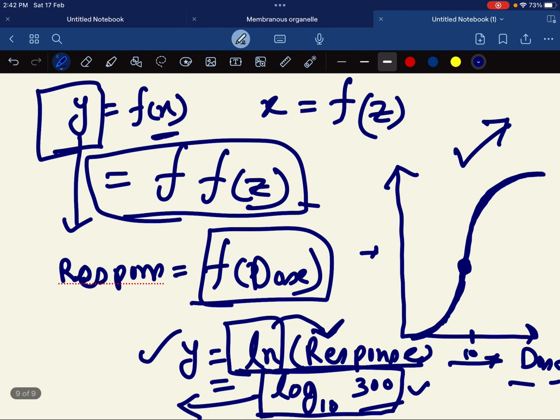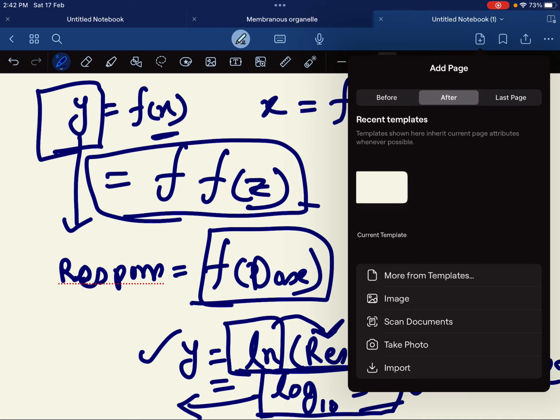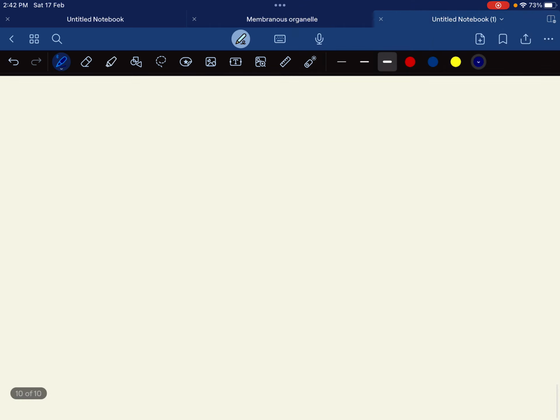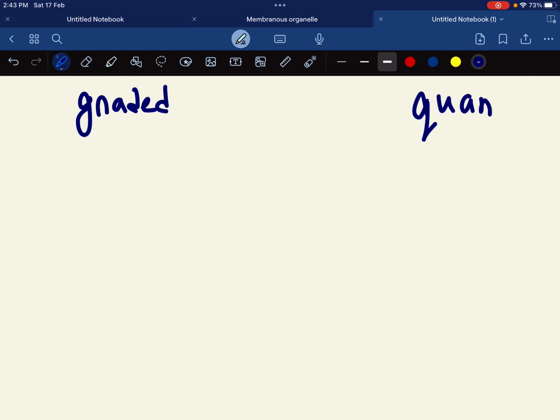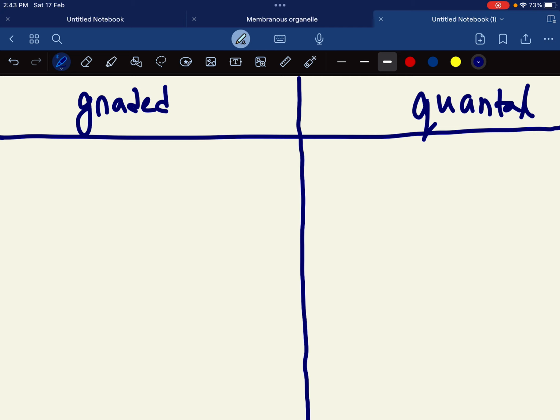So now let's dive deeper into our main topic. What is graded drug response curve and what is quantal drug response curve? Graded and quantal. I would like to teach you in a differentiating manner so that you can easily understand this.